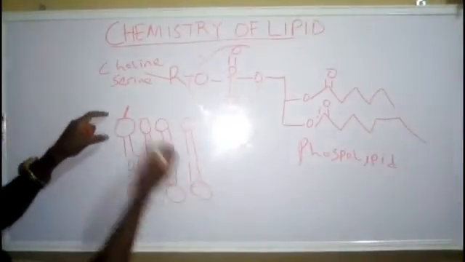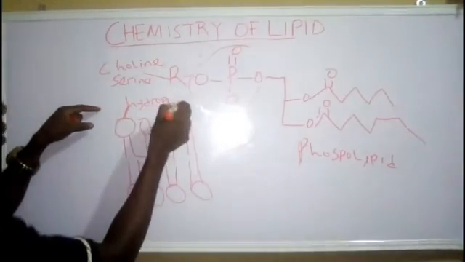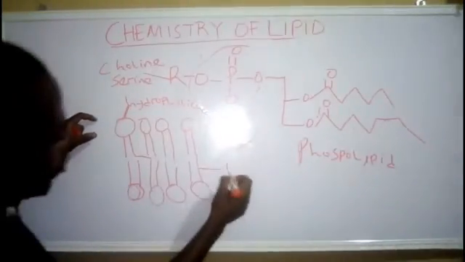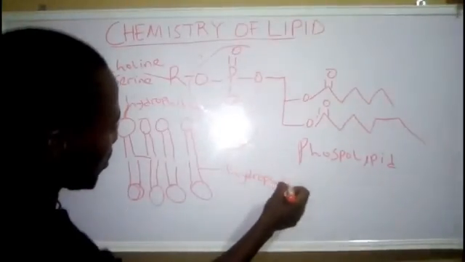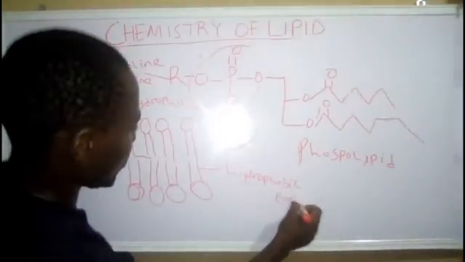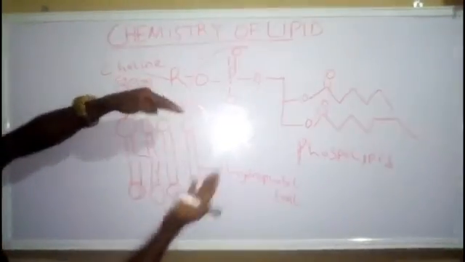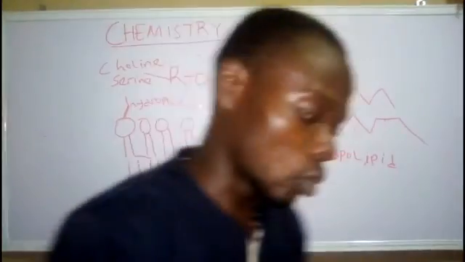So that's how the cell membrane is structured. So this is the hydrophilic head. So this is the hydrophobic tail. So this one is facing the inside, while the hydrophilic ones, those that love water, are facing outside. So that's all on the structure of lipid.